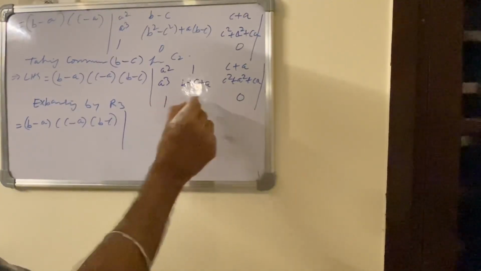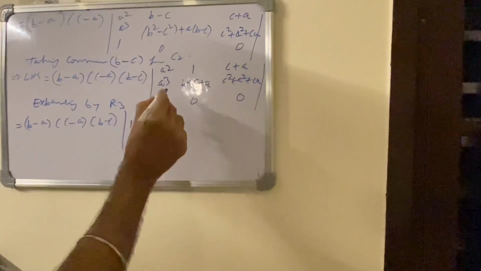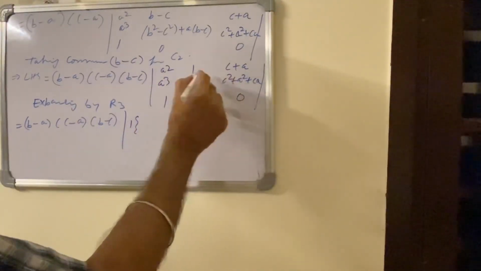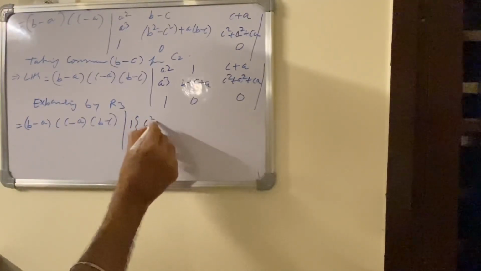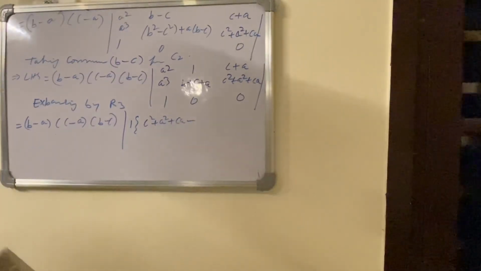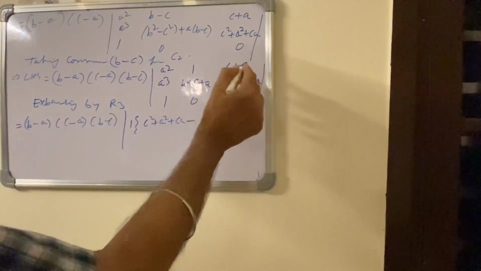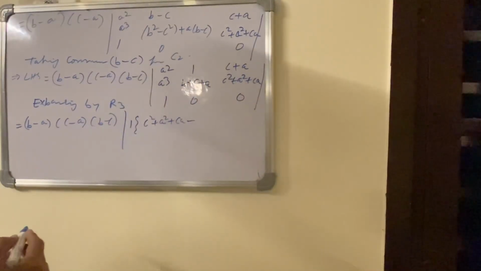Expanding by third row, 1 into (c square plus a square plus ca) minus (c plus a)(b plus c plus a).